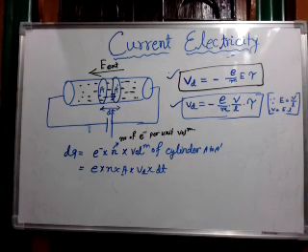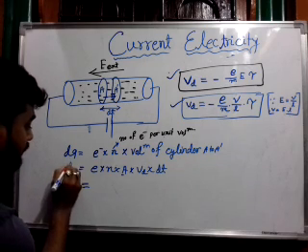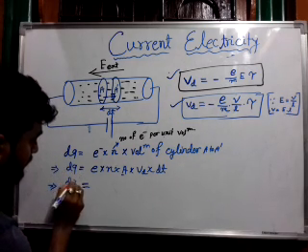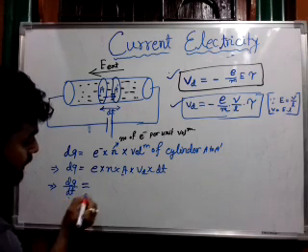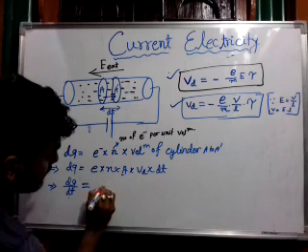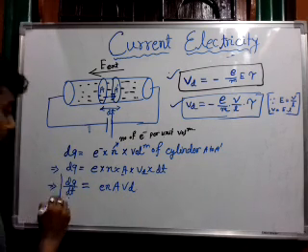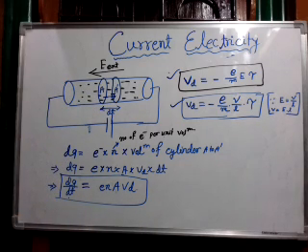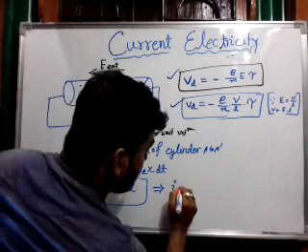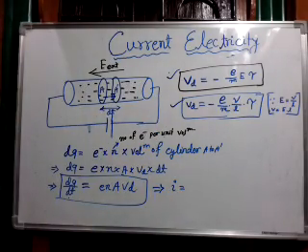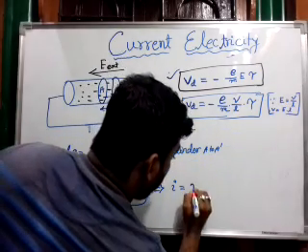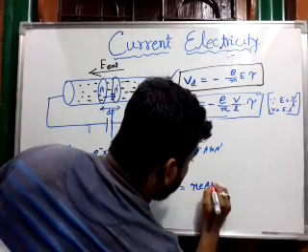So dq by dt is e n A Vd. The rate of flow of charge is called current I. So I is equal to n e A Vd.